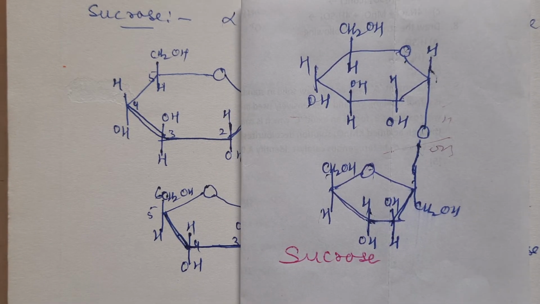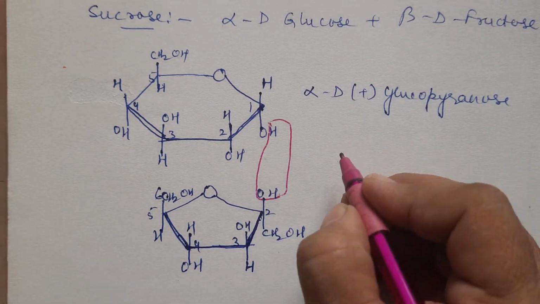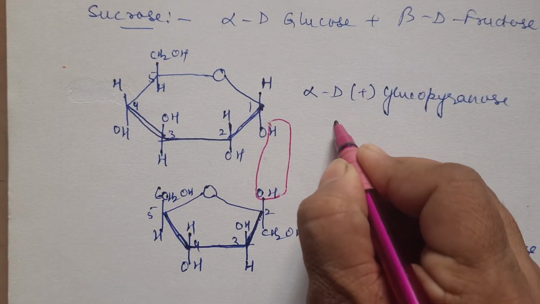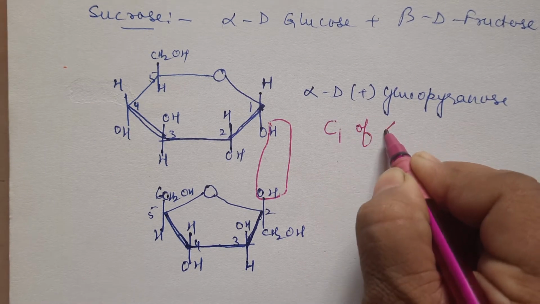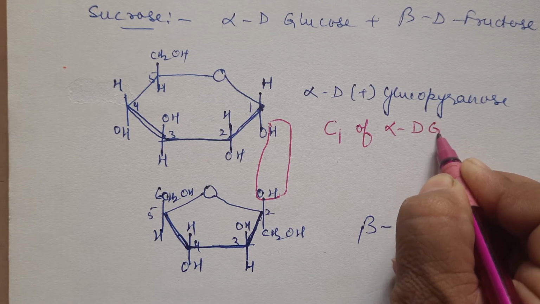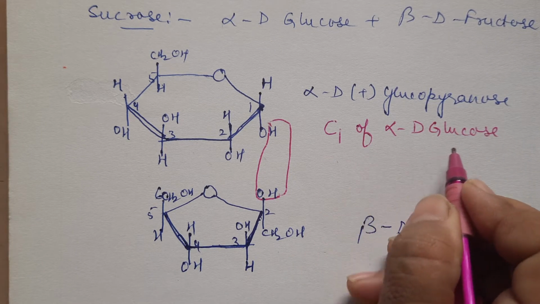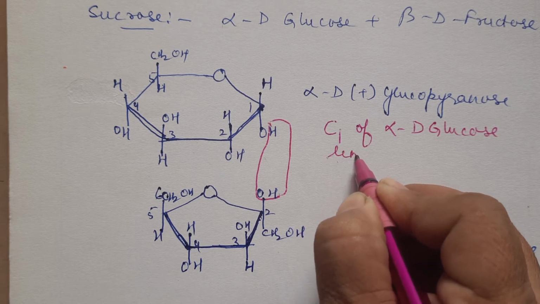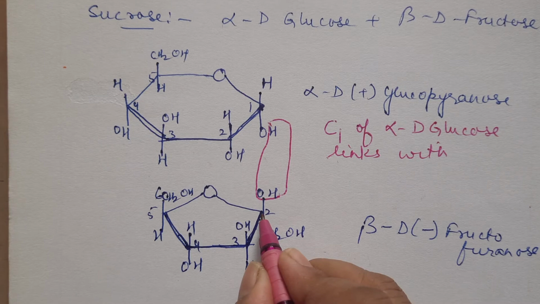So sucrose has a linkage between C1 of alpha D glucose and, what is it linking? The second carbon atom.